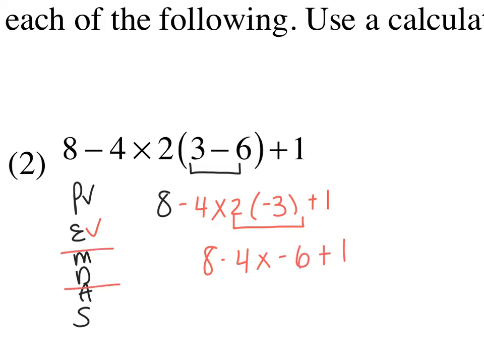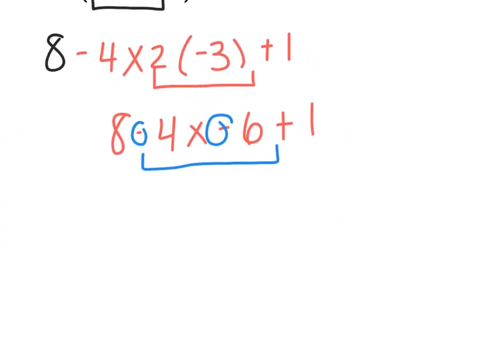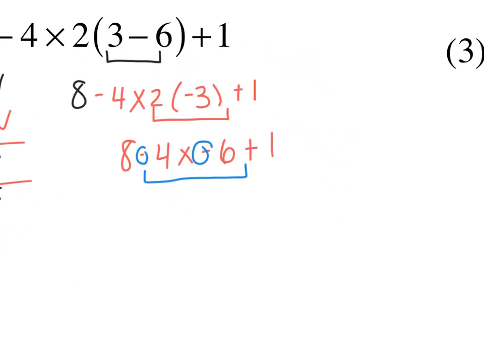I need to ask myself, do I have multiplication or division? I've got multiplication. I've got negative 4 times negative 6. Negative 4 times negative 6 is positive 24. So I have 8 plus 24 plus 1.